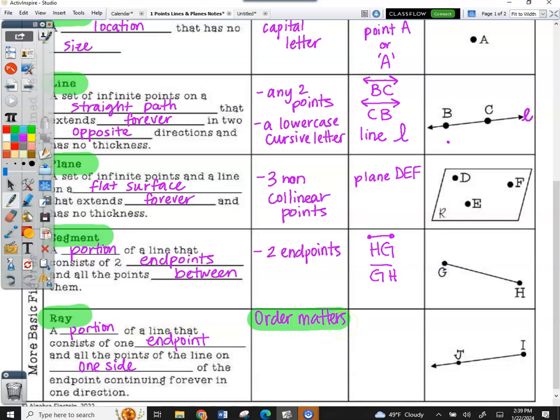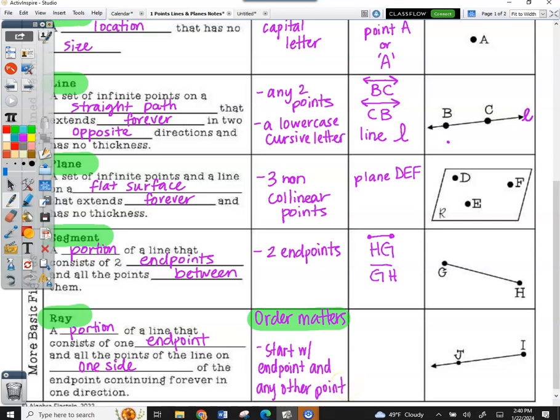We only have one thing on here that is nitpicky in the order that you name it, and that would be a ray. You have to start with the endpoint and any other point. So it starts with the endpoint and then it's any other point on the ray.